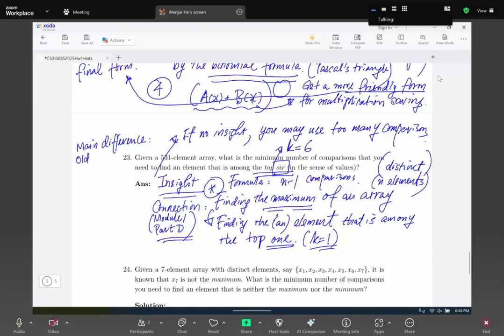Old version, the solution element must eliminate n minus 1 elements by comparisons.